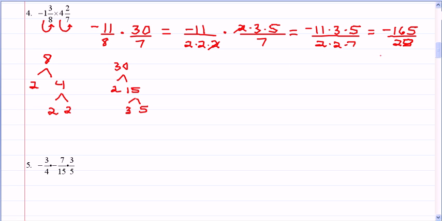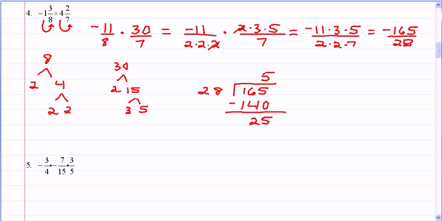So you can leave your answer like this as an improper fraction, but since we started out with mixed numbers, I'm going to convert negative 165 over 28 back into a mixed number. And 28, if I multiply 28 times 5, I get 140, and that's the highest amount that 28 can divide into 165 without going over.